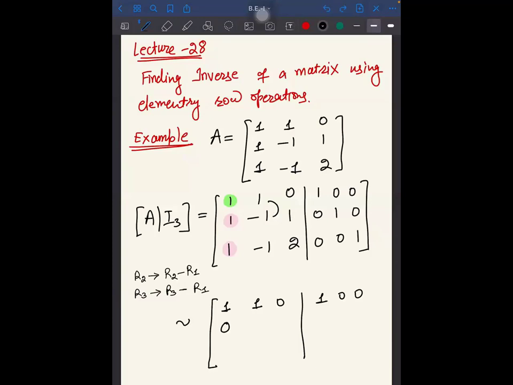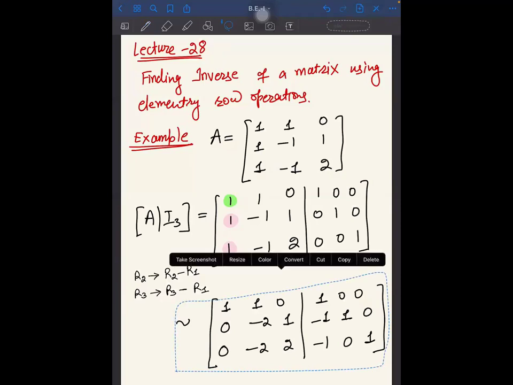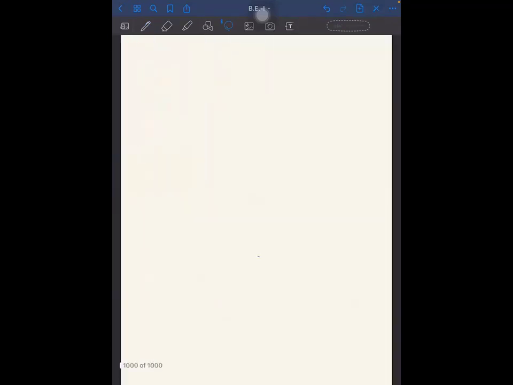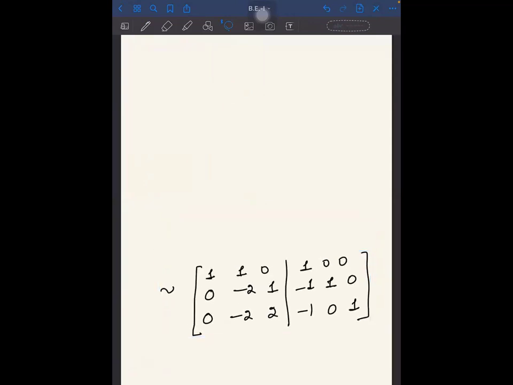So that will be what? 1 over here. Similarly, if you subtract, it becomes minus 1 over here, and it becomes 1 over here, it becomes 0. And if you apply row operation on R3, you'll get 0 over here, minus 2 2, and this is minus 1, and this is 0, and this is 1. Are you with me on this? Okay, so I'll paste this over here just for reference.